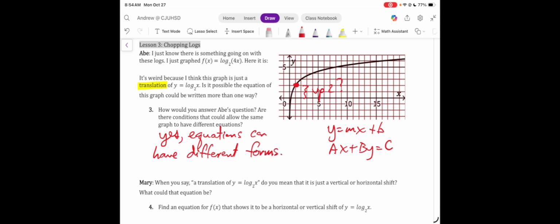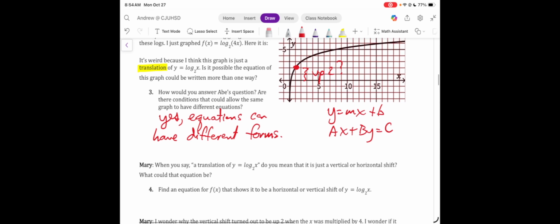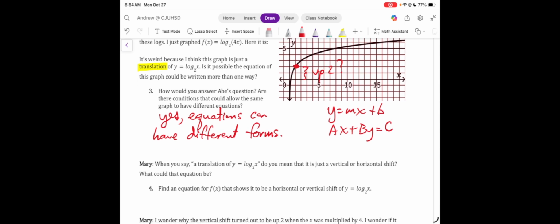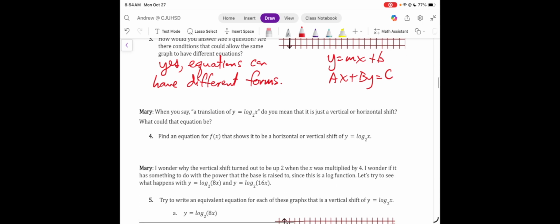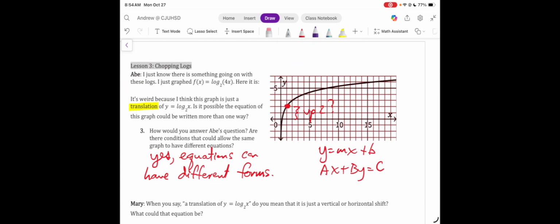Now, Mary says, when you say a translation of y equals log base 2 of x, do you mean that it is just a vertical or horizontal shift? What could that equation be? Find the equation for f of x that shows it to be a horizontal or vertical shift. Okay, so as I said before, I think that the reference point has moved up 2.